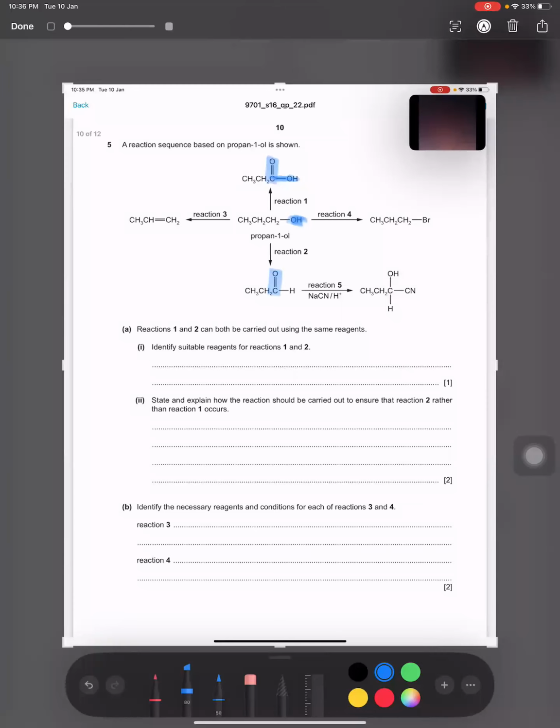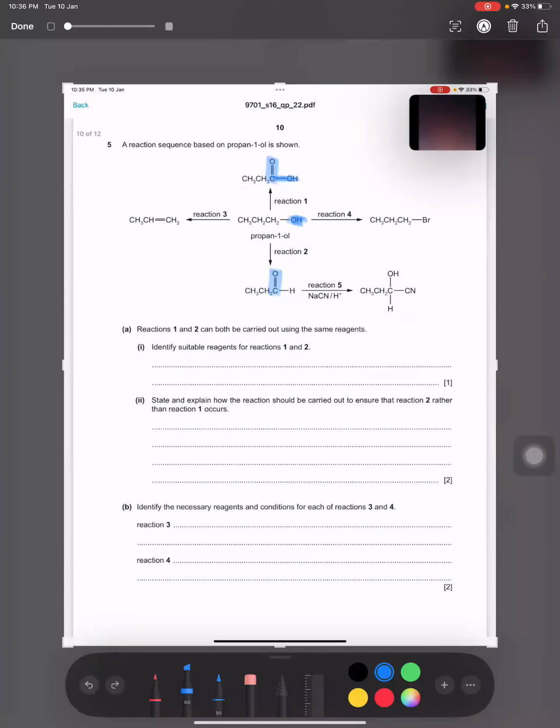Acidified potassium dichromate, right? Because it is what? It is an aldehyde. अगर ये ketone होता, so you can say that we can use acidified potassium manganate, directly convert होता. लेकिन aldehyde में जाने के लिए you should use at least a little weaker oxidizing agent as compared to potassium manganate. Potassium manganate is a very strong oxidizing agent, right? So they are asking for the suitable reagent for reaction 1 and reaction 2.